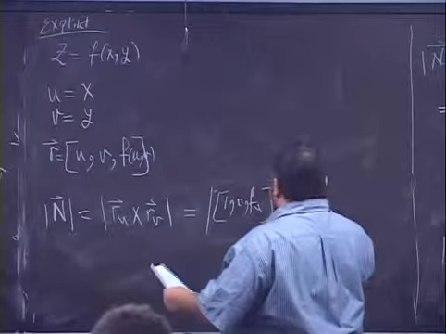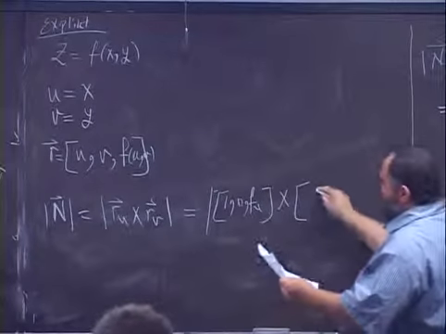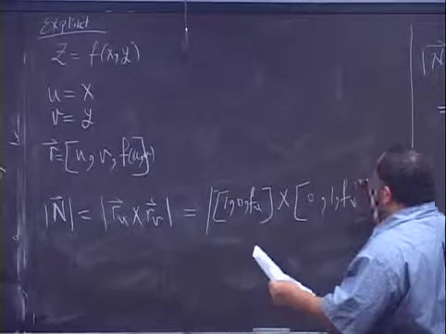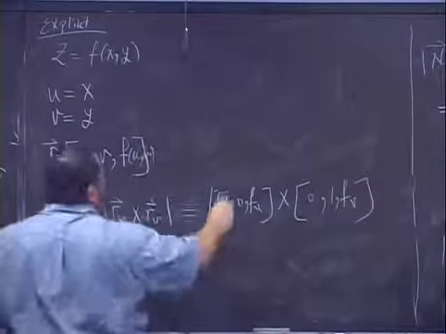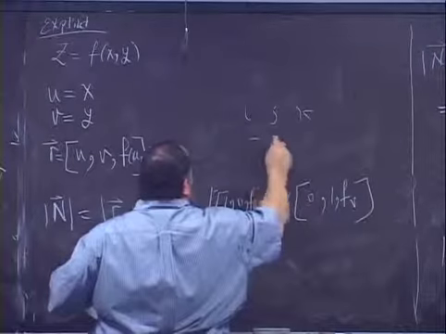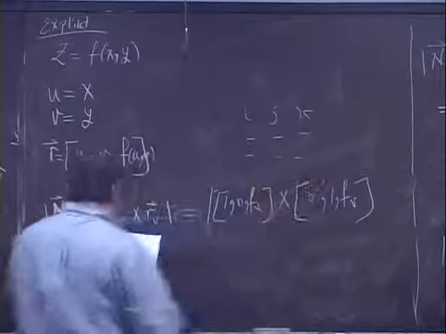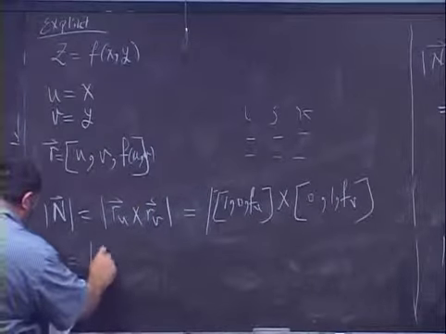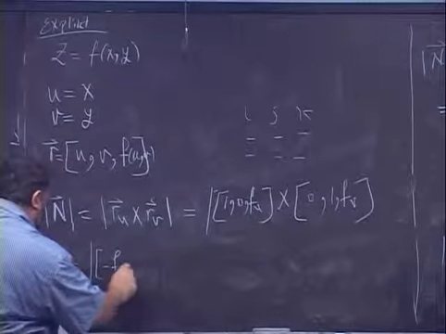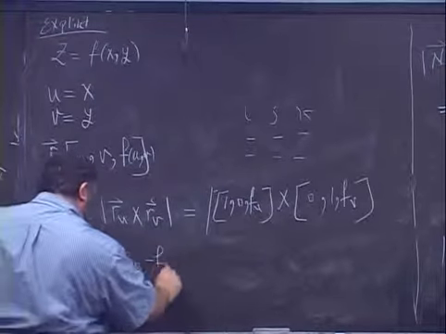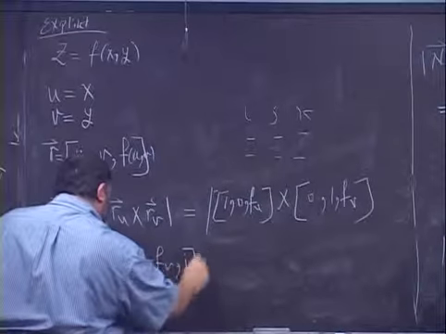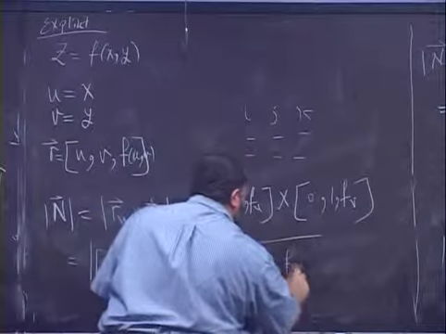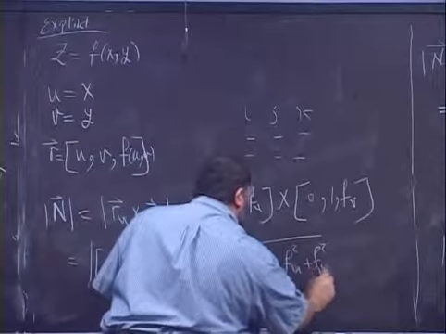And what's r sub v? 0, 1, f sub v. Okay? So if you do this, i, j, k, and put all three components here and the other three components here, you will notice that this will be equal to minus f sub u, minus f sub v, 1, and the amplitude of this is just the square root of 1 plus f squared u plus f squared what?